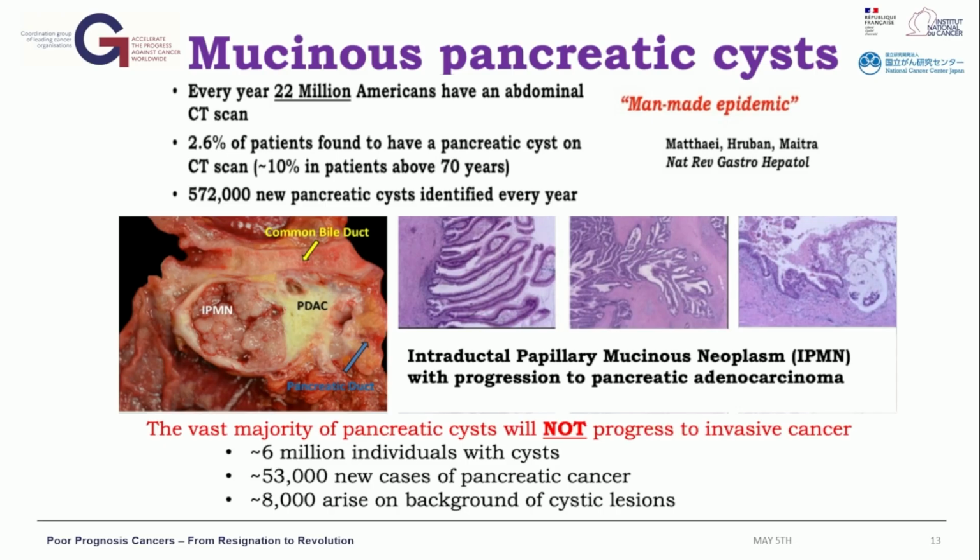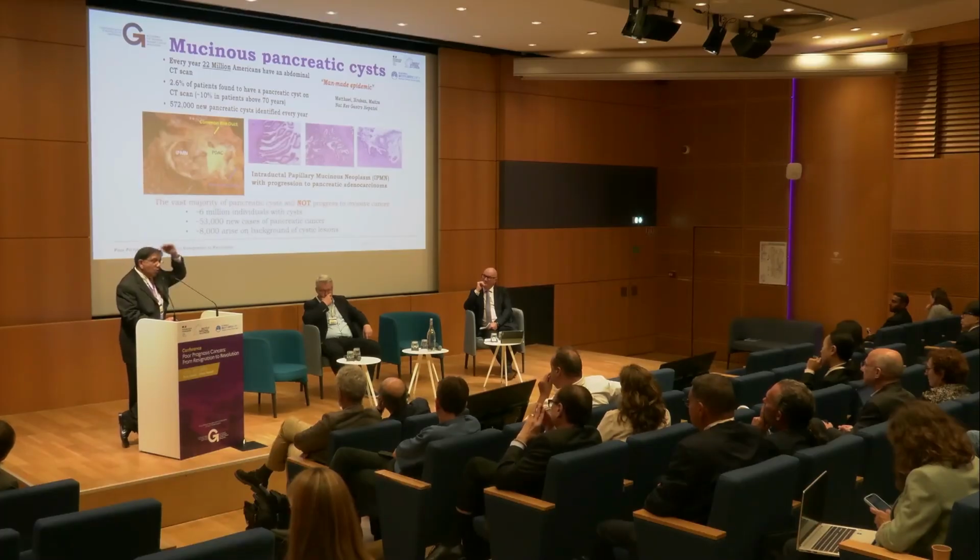About 15% of pancreatic cancers each year arise in the backdrop of the cystic lesion. So just do the math, about 53,000 each year, so about 8,000 or so arise on the backdrop of these cystic lesions. But there are about 6 million people walking around with cysts, so the vast majority will never develop pancreas cancer. The key here is to identify within this high-risk population who is at the highest risk that merits further intervention.